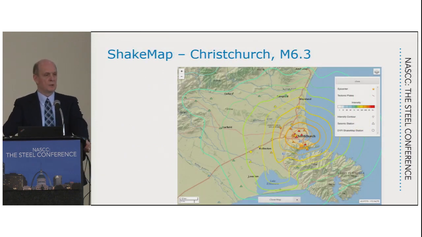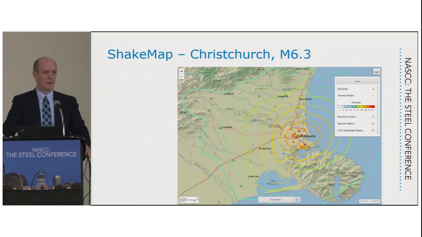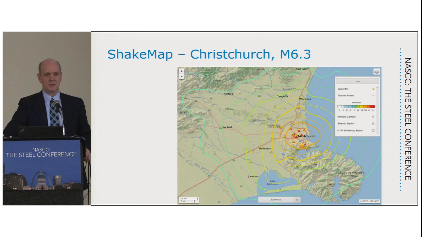The USGS uses this scale after an earthquake to produce maps. These maps are called ShakeMap, and ShakeMap is like a contour map with the levels of greatest shaking in the center of the map, and then the contours tend to diminish as you get away from the highest levels of shaking.